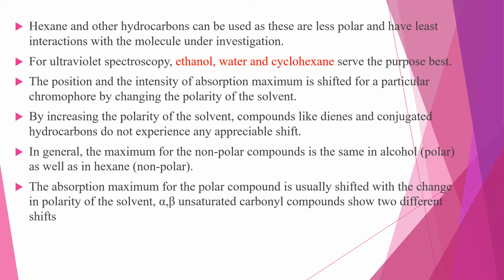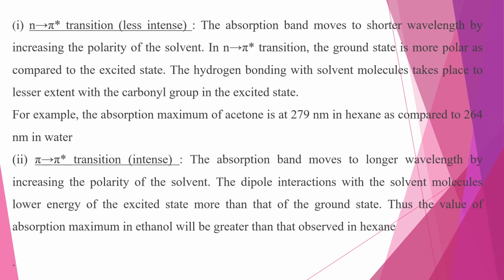Alpha beta unsaturated carbonyl compounds show two different shifts. First, n to pi star transition, which is less intense. The absorption band moves to shorter wavelength by increasing the polarity of the solvent. In n to pi star transition, the ground state is more polar as compared to the excited state.